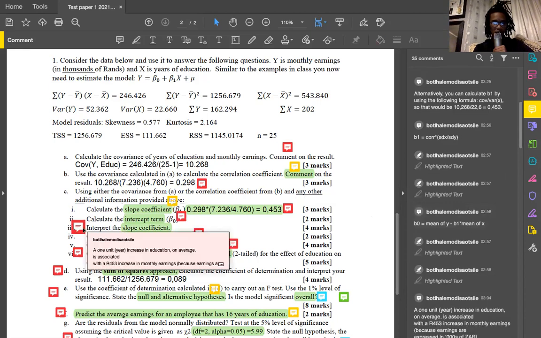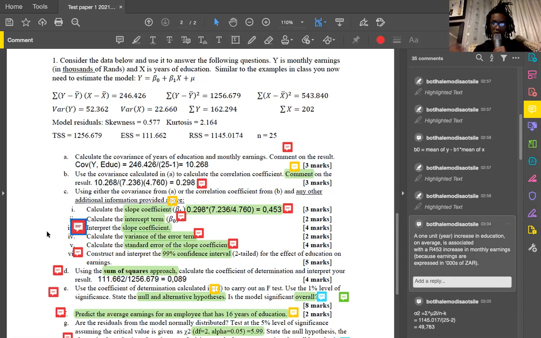And then moving on to the next question, whereby you interpret the slope coefficient, it's very important that you get your interpretation right, because not only are you just talking about the numbers, you should be able to explain economic theory by making use of data, and being an economist, you should know how to speak accordingly. So, in terms of interpretation, you say that a 1 unit or 1 year increase in education on average is associated with a 453 Rand increase in monthly earnings.